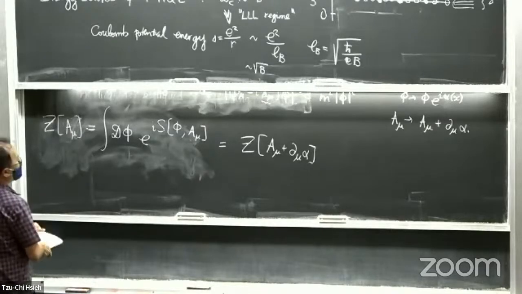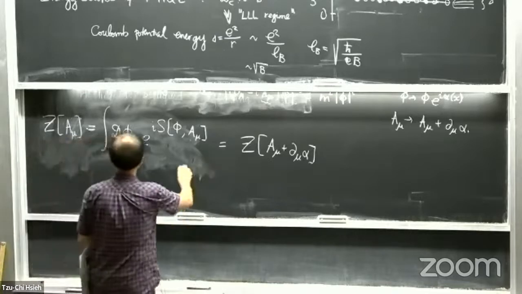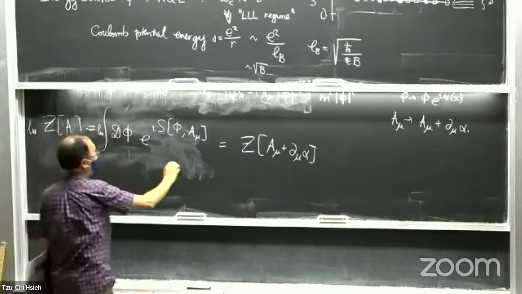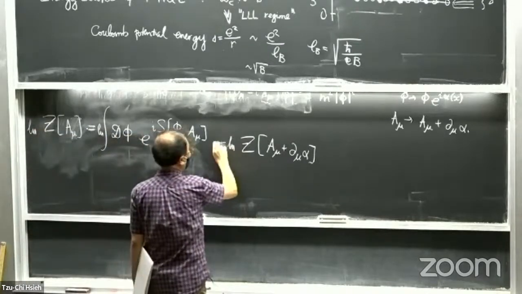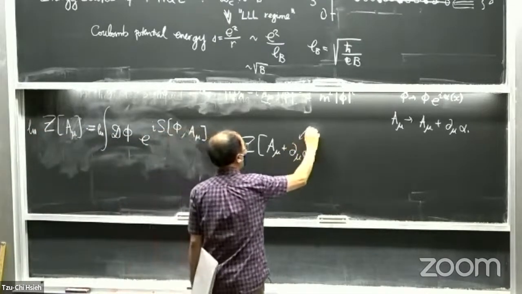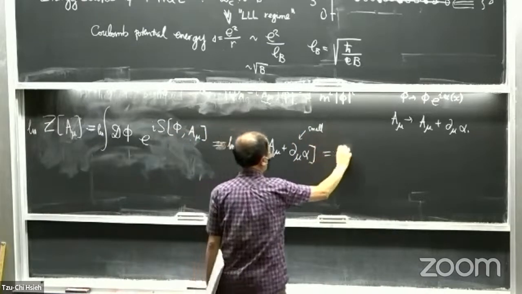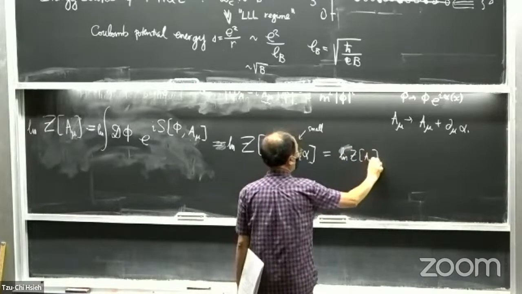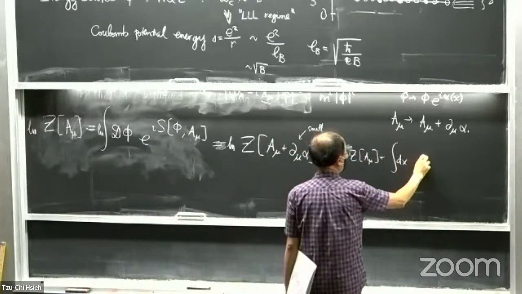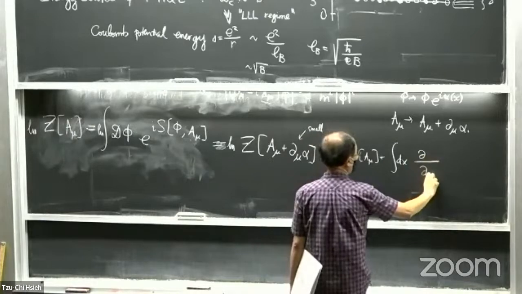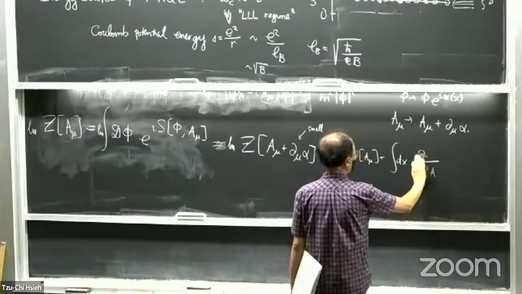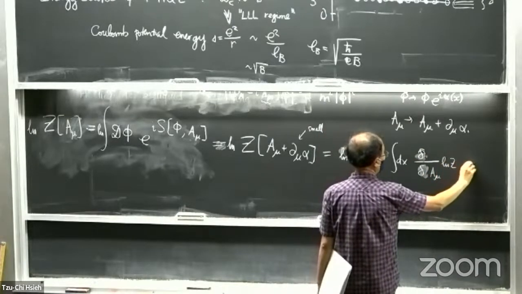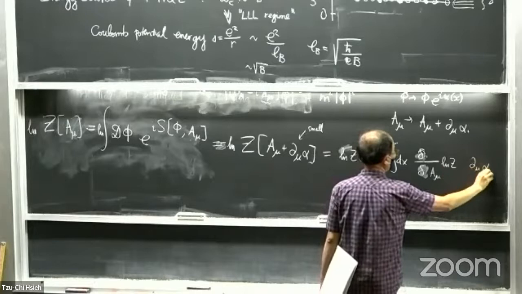We say, let's expand this Z, or rather let me write the logarithm of Z. Expand this logarithm, assuming alpha is small. So to first order, it is log Z of A_mu plus the integral over dx of the derivative of log Z with respect to A_mu times d_mu alpha.